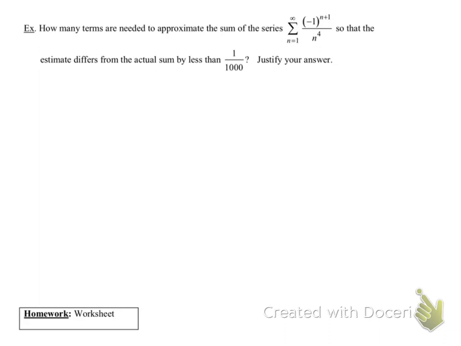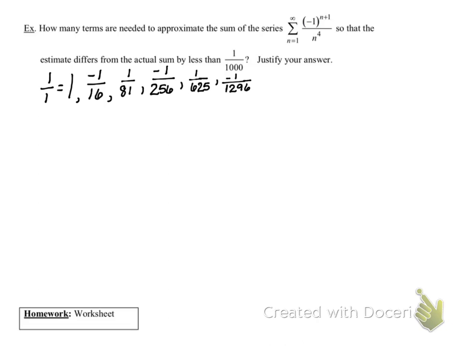You don't even need to figure out the sums. I don't know what I was thinking. And there we go. We only need 1, 2, 3, 4, 5 terms to be able to see that our estimate differs from the actual sum by less than 1/1000th.